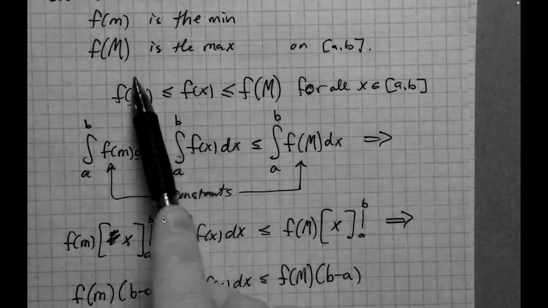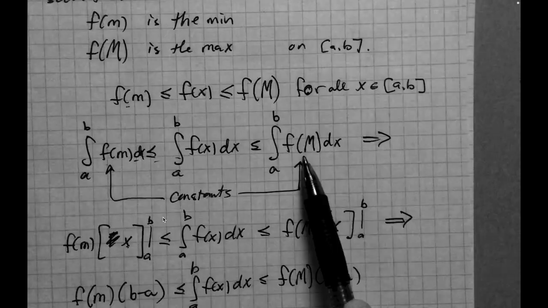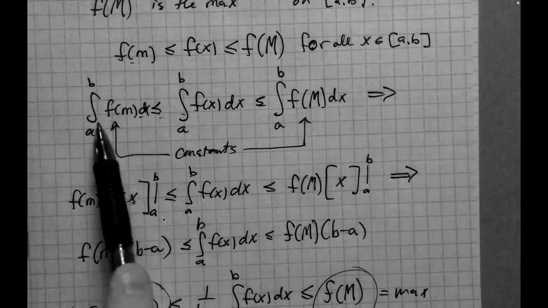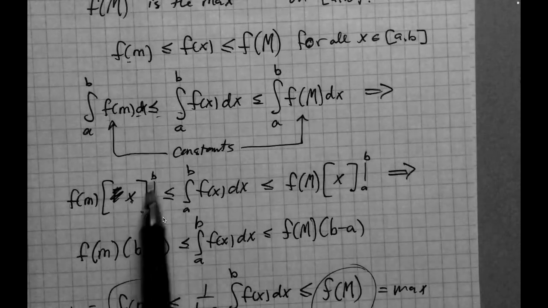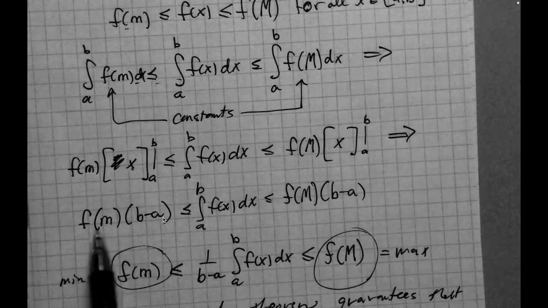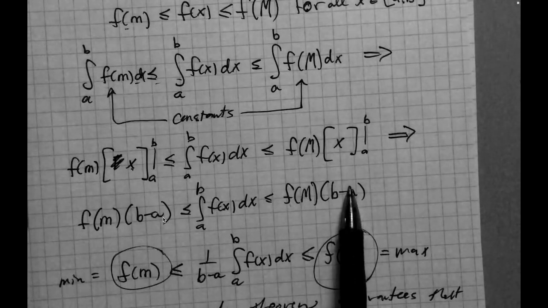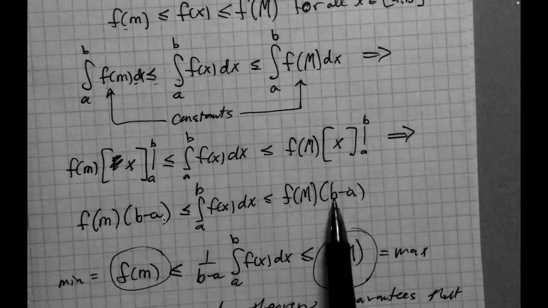You have this. Okay, integration preserves inequality, so you can integrate all three pieces here. Notice this is a constant, that's a constant, so the definite integral is basically going to be the constant times b minus a, and again on the upper side it's the constant times b minus a, so this is sandwiched between these two constants.